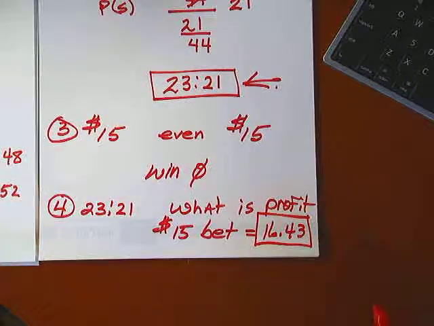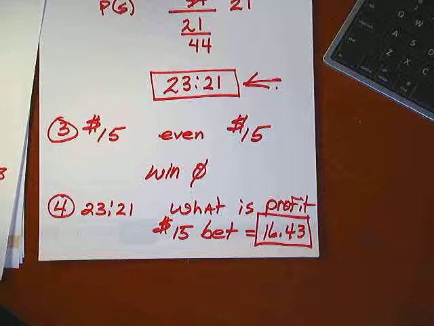What is the profit with a $15 bet? If you have a $15 bet, then you're talking about 15 times 23 over 21. And when you do that, 23 divided by 21 is equal to 1.09, and multiplying that by 15, you get back $16.43.